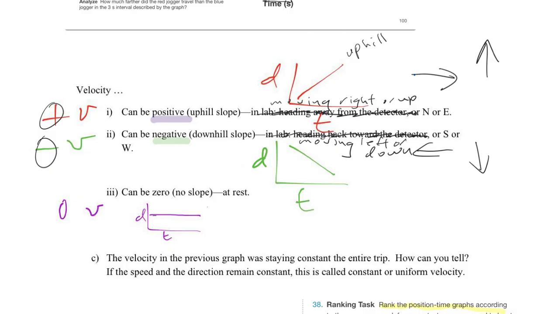And if you have a horizontal line, zero slope, you should know that. There's no rise, there's just a run. That would mean zero velocity.